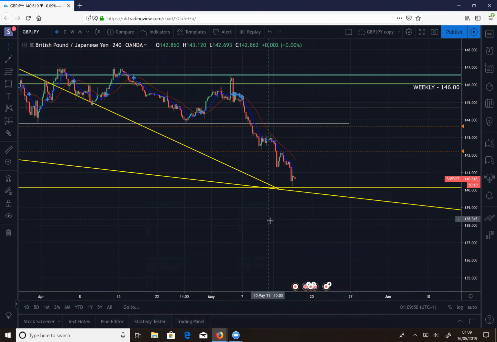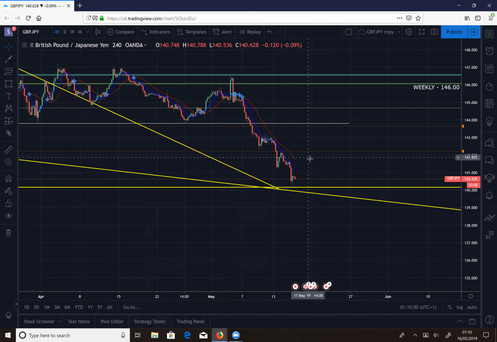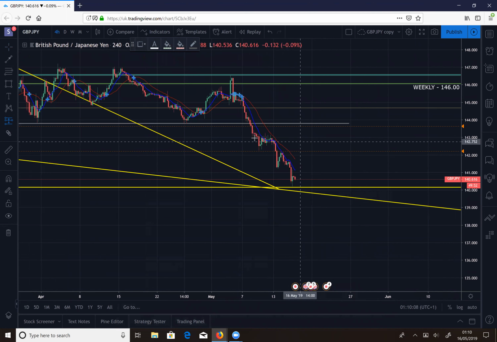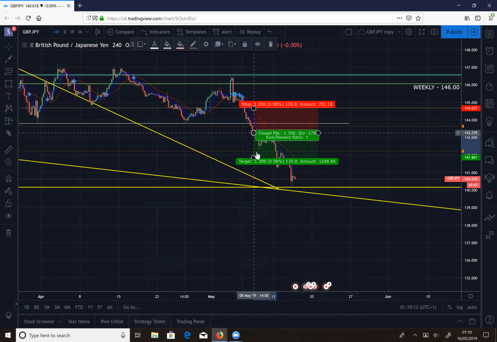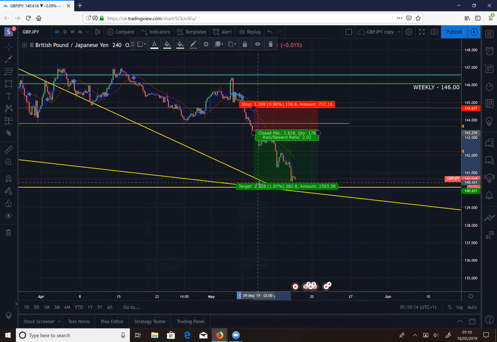Okay, so there we go. That's GJ. If you guys are wondering what these lines are, these are just alerts to set an alarm off if price approaches these levels. The trade I took yesterday was this trade from here, bang, down to here.